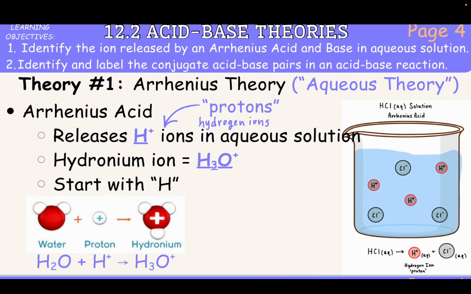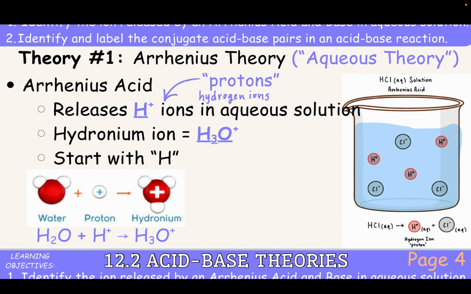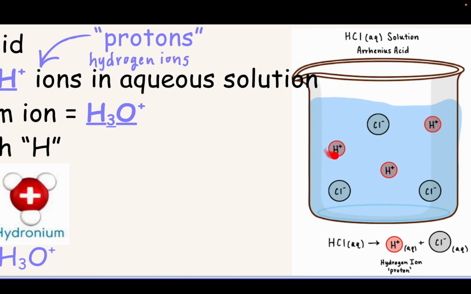When an Arrhenius acid is dissolved in water, it's going to release these positive hydrogen ions in solution. For example, if we have HCl, hydrochloric acid, where we have HCl dissolved in water, this is an Arrhenius acid because when it is dissolved, the hydrogen and the chlorine split up into their ions and ionize.